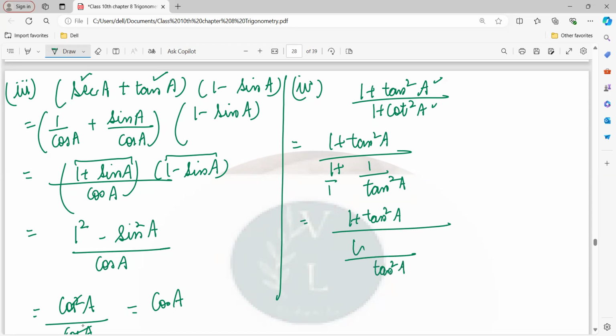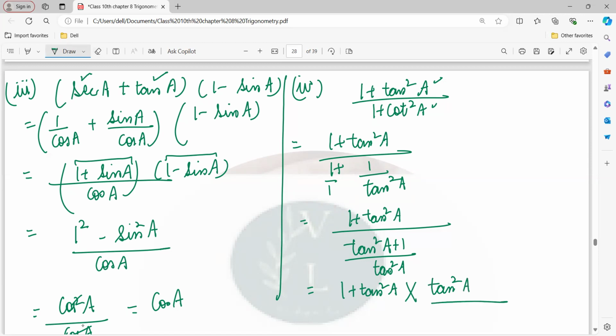And in the numerator, we'll get tan square A plus 1, right? So now we'll have 1 plus tan square A upon this part. When this is dividing and we want to convert into multiplication, what we'll do? We will just take the reciprocal of the denominator.